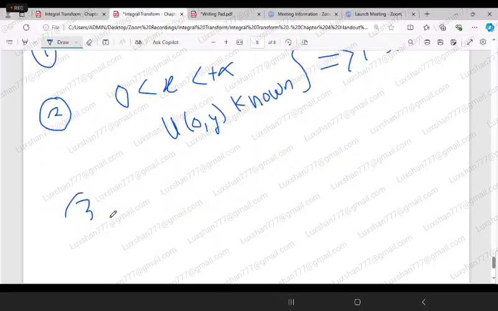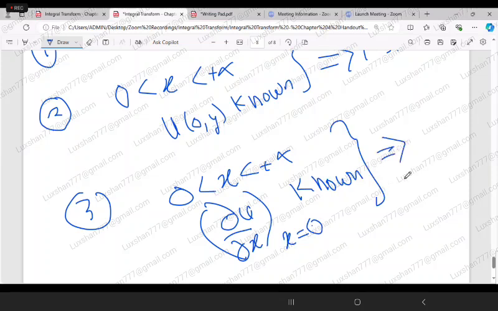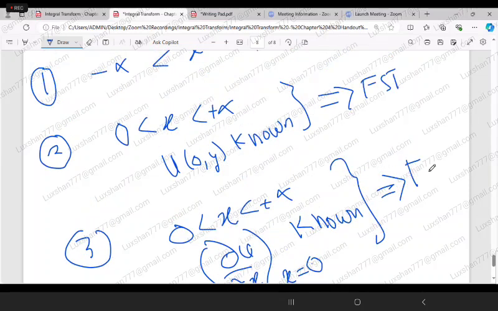Third one: 0 less than x less than plus infinity, and you know ∂u/∂x when x equals 0, then you can use the Fourier cosine transform.